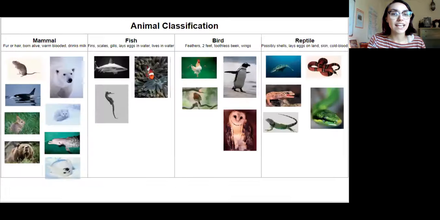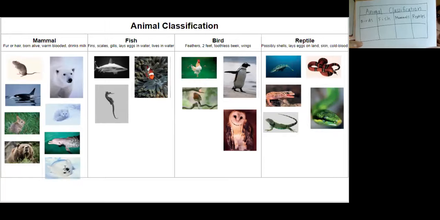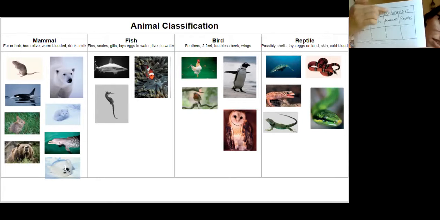Well, let's go ahead and take a look at our data. We have 1, 2, 3, 4, 5, 6, 7, 8 mammals. I'm going to put that into my little table here. I made 4 different categories for my 4 different animal types, or my 4 different animal classifications, and I included a title to show what my data is all about, animal classifications.